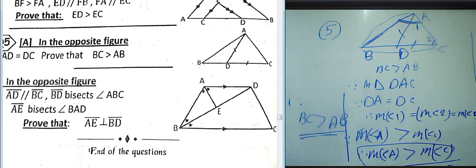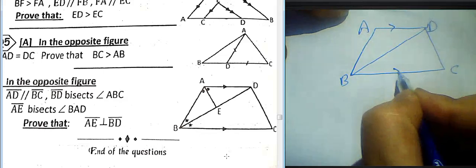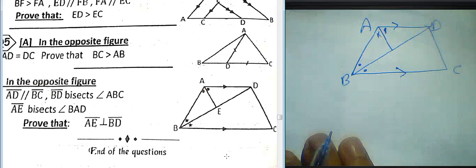We have a trapezium here. Look at question letter B in question 5. Look at here, we have a trapezium and a diagonal joined from D to B, trapezium ABCD. Okay, AD is parallel to the base BC, and they bisect, and we have here a bisect again.